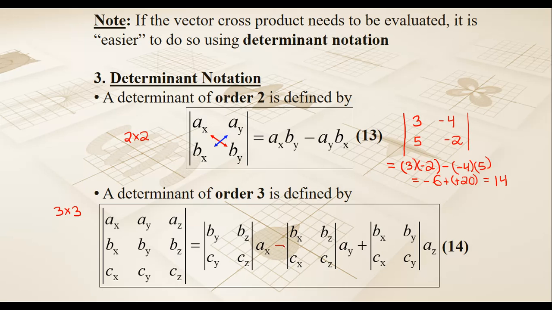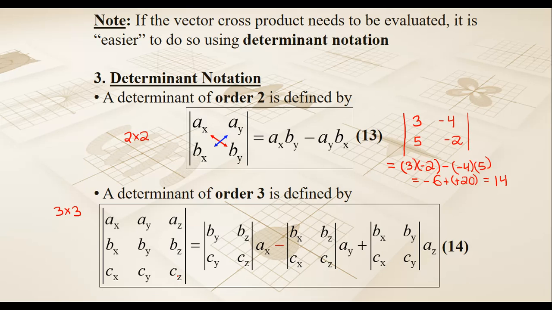You would subtract the determinant of BX, BZ, CX, CZ times AY, and then you would add the determinant of BX, BY, CX, CY multiplied by AZ, and that would evaluate this whole thing.